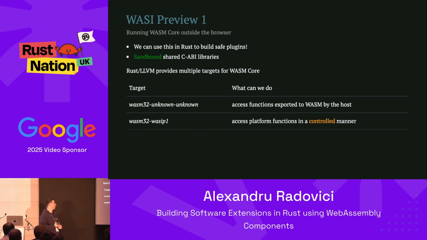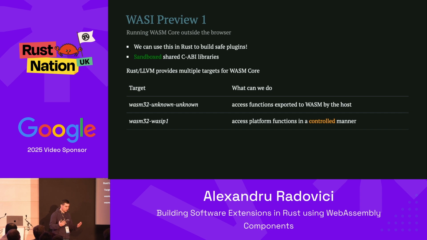Or WASI32, WASI preview 1. This is libc for WebAssembly. So in Rust, you can write a normal application with the main function, standard library, compile it for this target, and then you can run it on your computer. Of course, you need a host to run it.